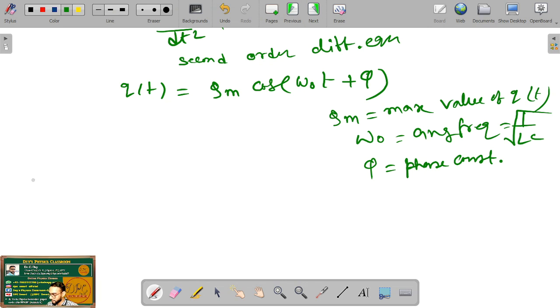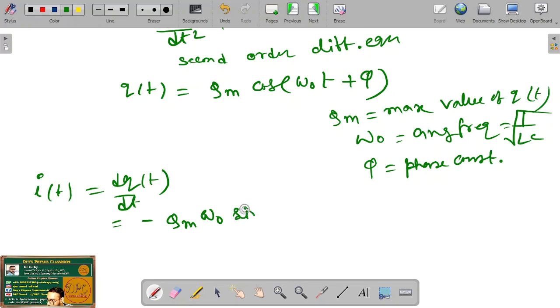So if we want to find out the current, we will differentiate it with respect to t, so dq/dt. The current would be minus Qm into ω0 into sin(ω0 t plus φ).